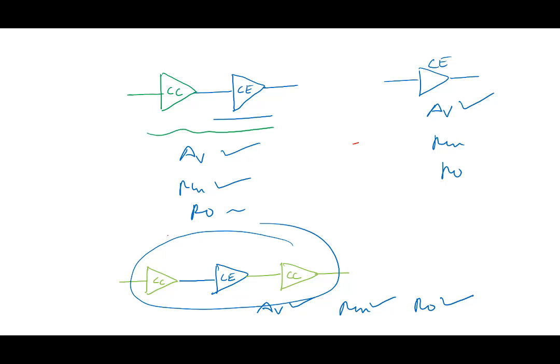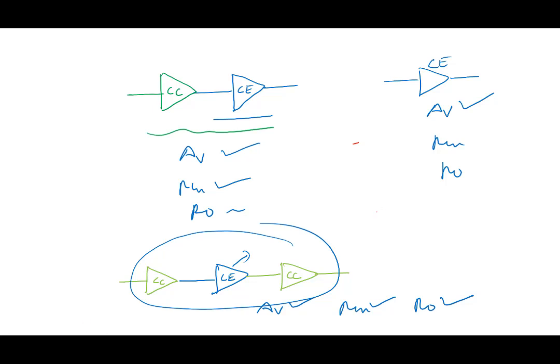So you're seeing a strategy for building a better amplifier by using the common collector stage here. The common collector stage is used to provide you with high input resistance, and also to provide you with low output resistance, and in between you put common emitter stages to give you the gain. And if one stage of common emitter is not good, you could build like this.